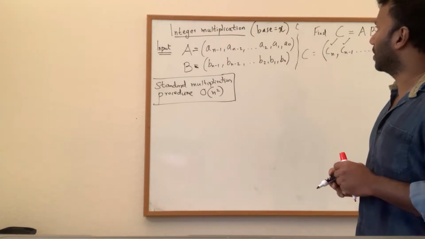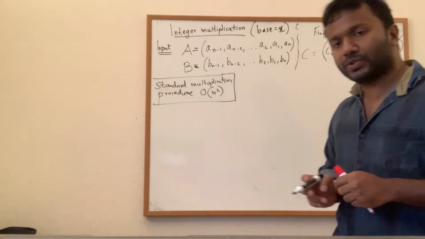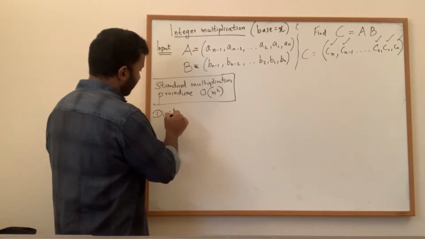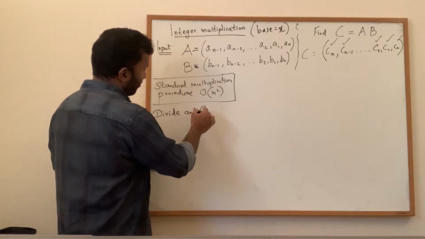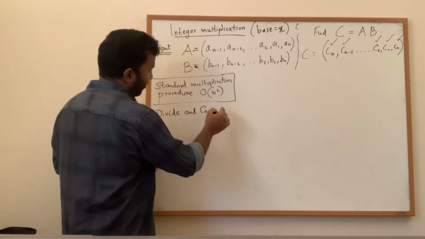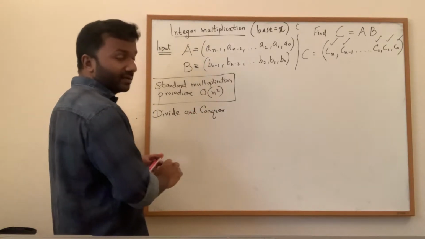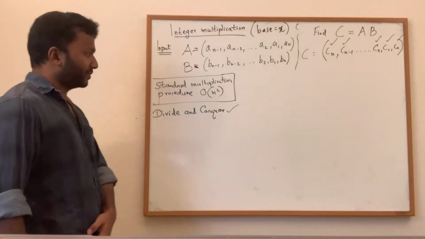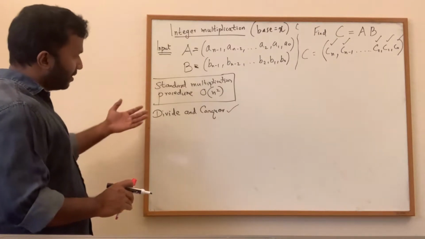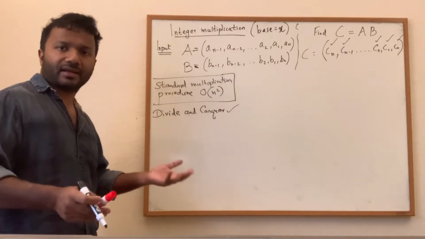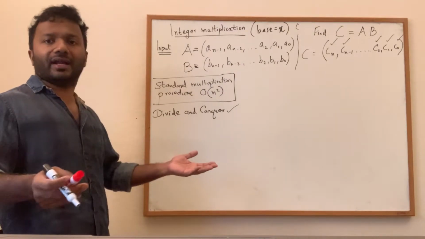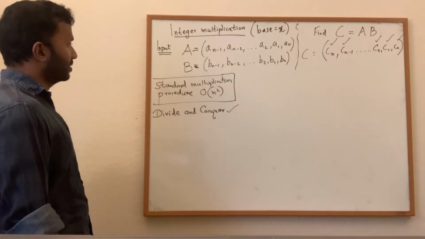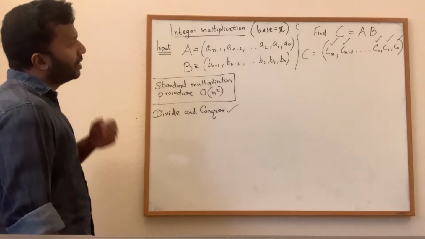The answer is yes, and we are going to use the divide and conquer strategy. We will somehow get a nice recurrence relation and we solve it and we are done. That is how we typically deal with divide and conquer strategy.